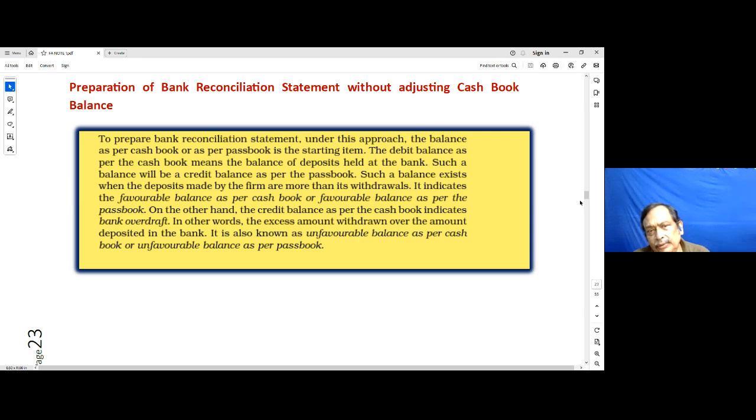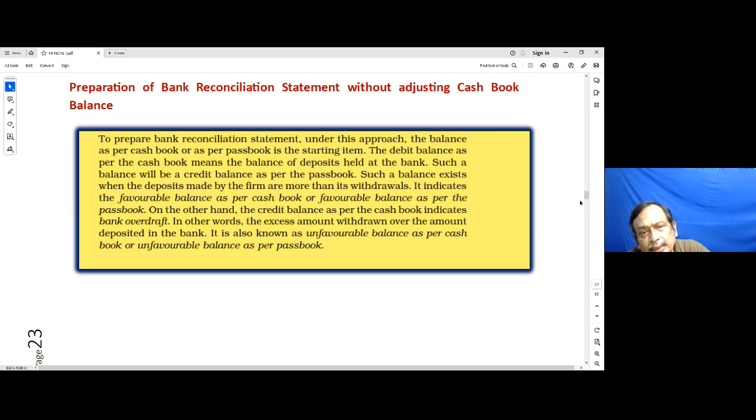Such a balance will be a credit balance as per the passbook. For your convenience, please remember that passbook is the opposite of cash book. In cash book, debit denotes deposits, credit denotes withdrawals, whereas passbook debit denotes withdrawal and credit denotes deposit.